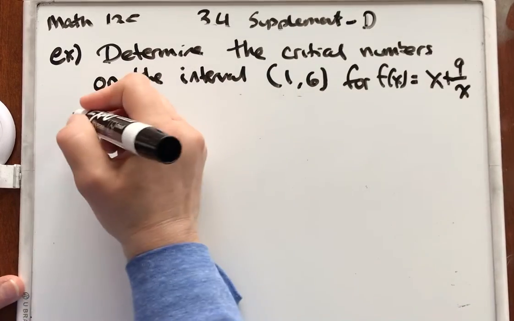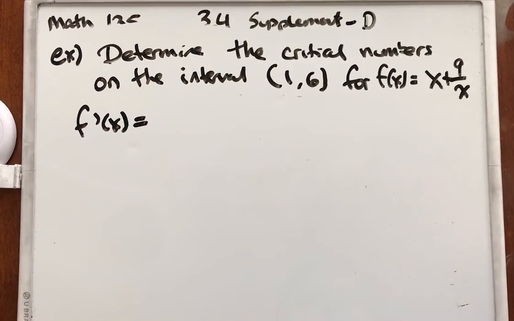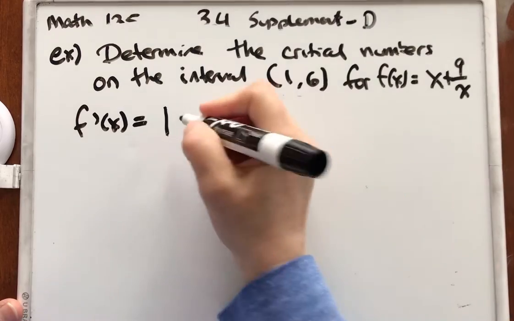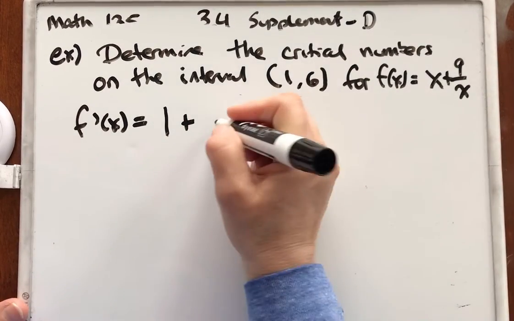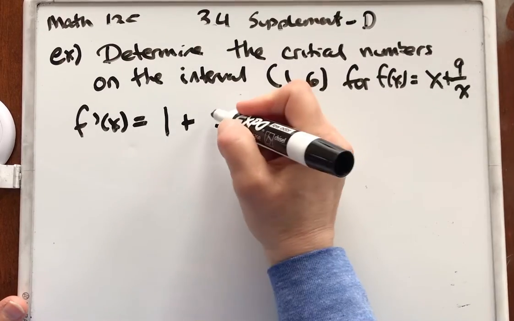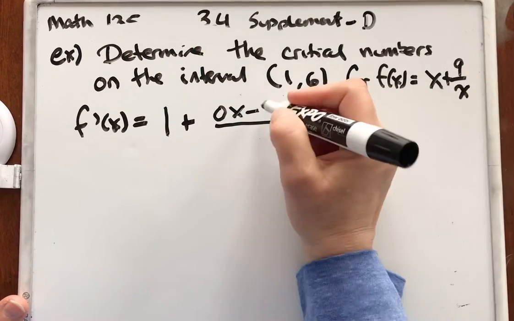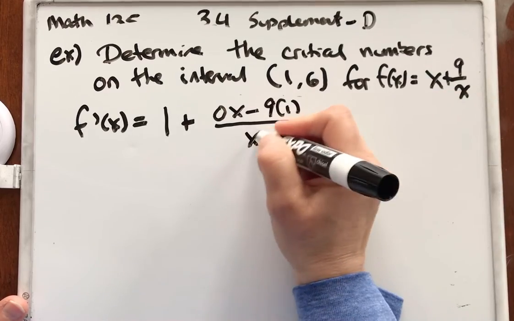Okay, so let's take the derivative of this. Taking the derivative of x is 1. Taking the derivative of 9 over x, we can use the quotient rule. Derivative of the first is 0 times the second minus the first times the derivative of the second, all over the second squared.